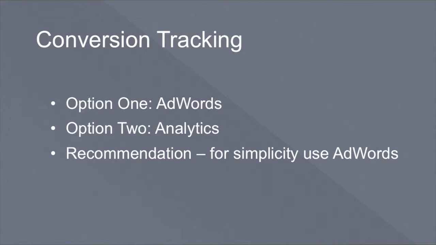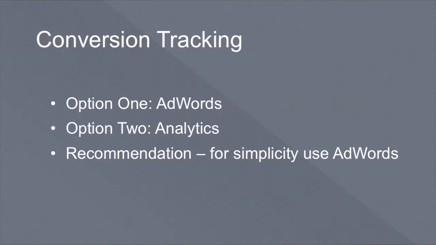Now you have two options with Google typically to track conversions. Google AdWords provides its own method for tracking conversions. Google Analytics also has a method for tracking conversions, and there are a couple of key points to note. The two will give different answers because they use something called an attribution model, which differs.